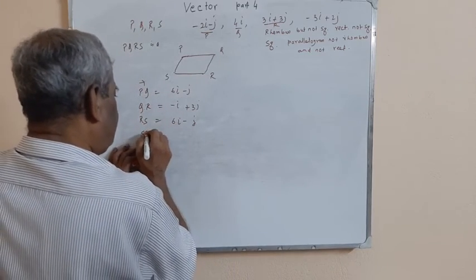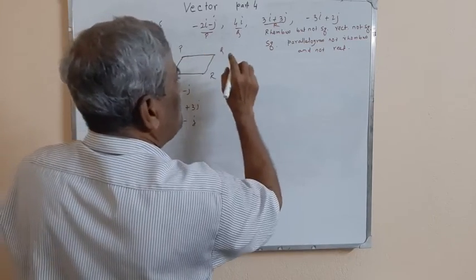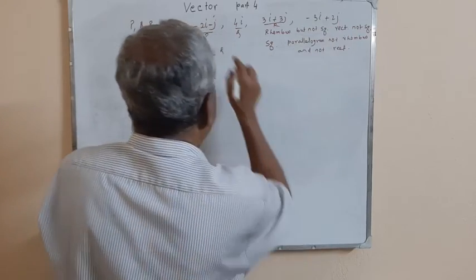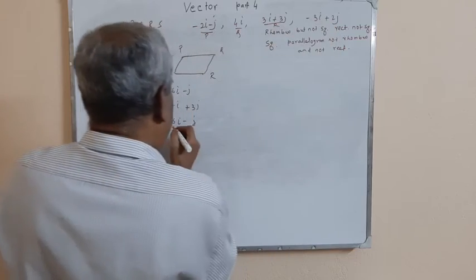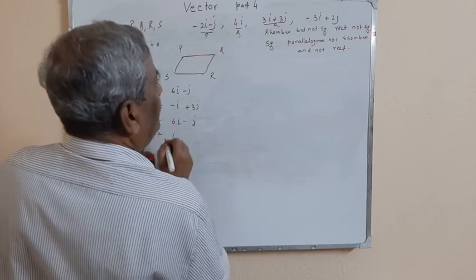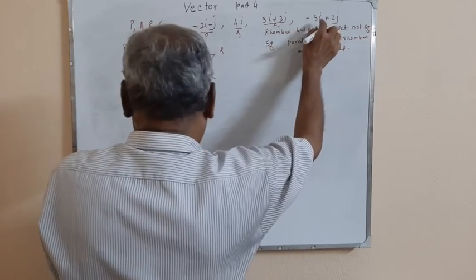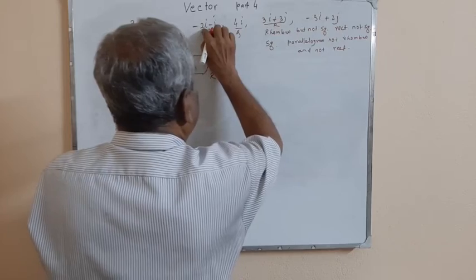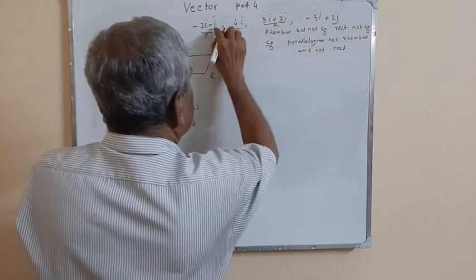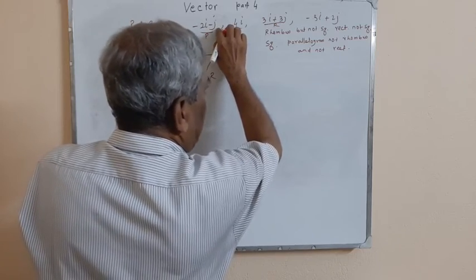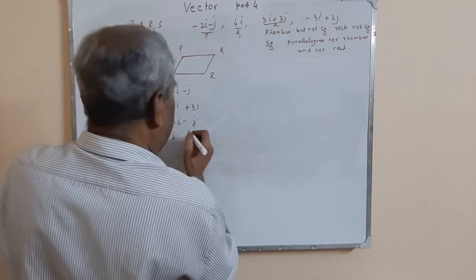SP vector is position vector of P minus position vector of S, that is minus 2i plus 3, so plus that, and minus j, so it is equal to minus 3j.